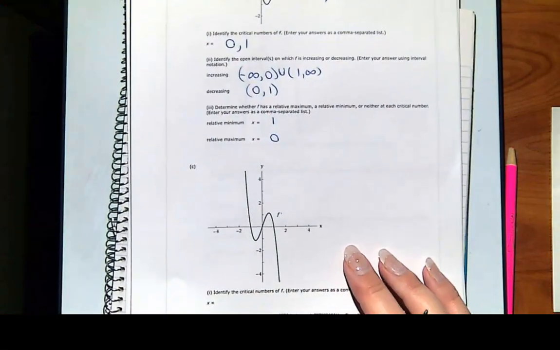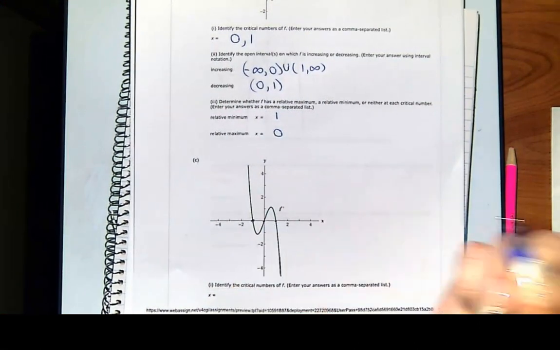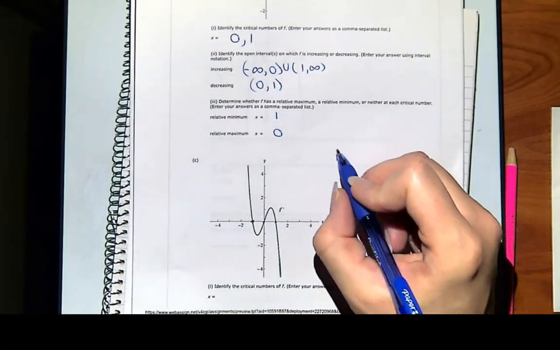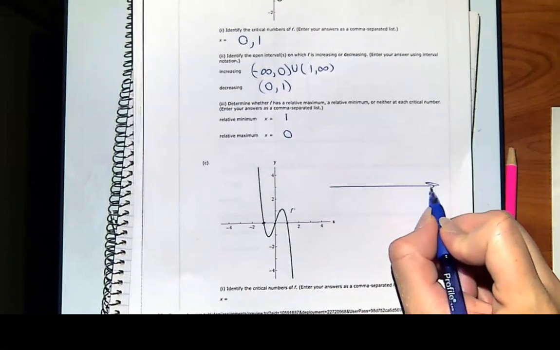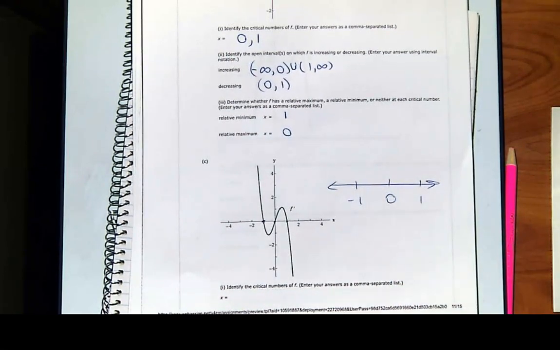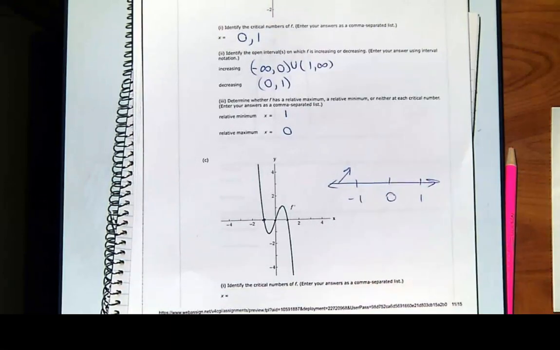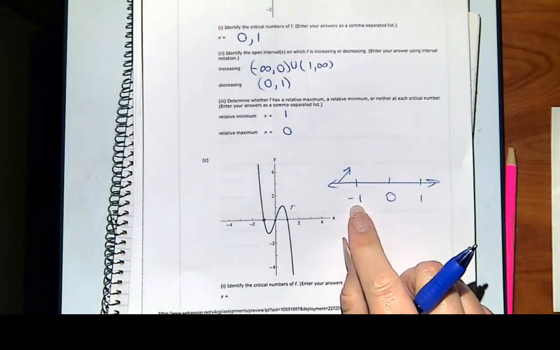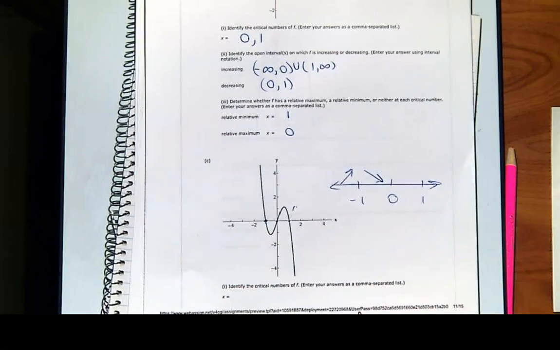All right, so let's do one more, and then you can do the last one on your own. I have 3 places where I've got critical numbers: negative 1, 0, and 1. To the left of negative 1, I'm above, so I'm increasing. Between negative 1 and 0, I'm below, so I'm decreasing.